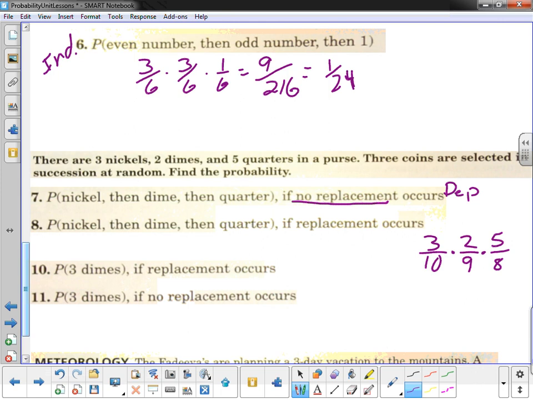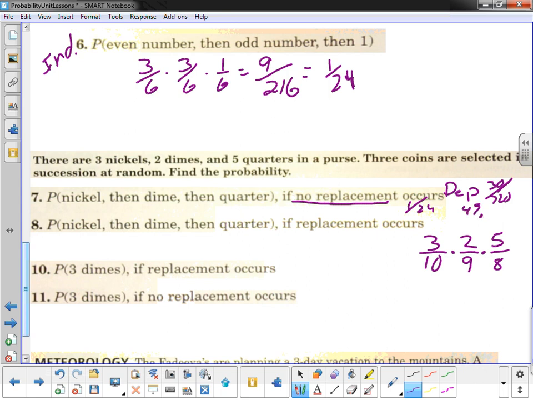So we get 3 times 2 times 5, it gives me a 30, and 10 times 9 times 8 is 720. So 30 out of 720 is a 1 out of 24 probability, or about a 4% chance.